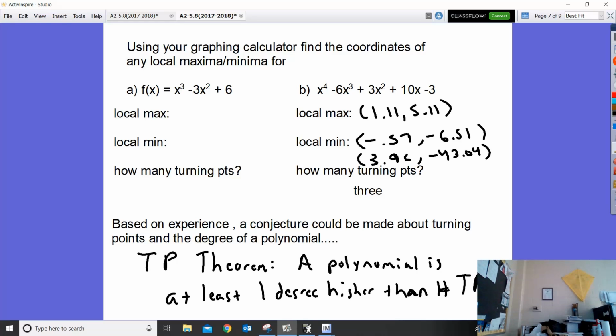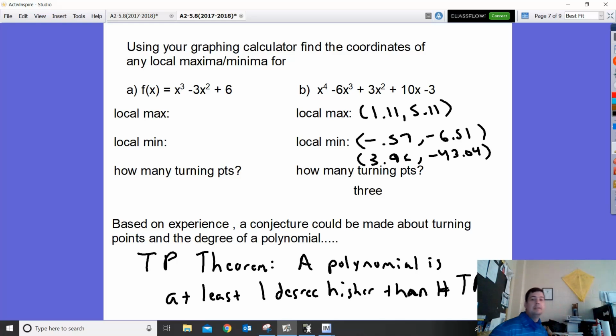A polynomial is at least 1 degree higher than the number of turning points that you see. That doesn't mean because you see 4, it's a 6th degree polynomial, or it's a 5th degree polynomial. You also got to think about ambiguity and stuff too.